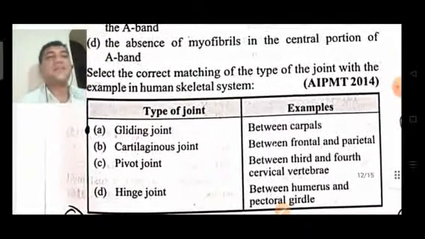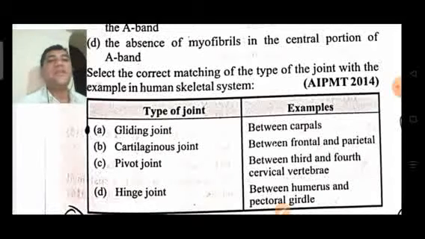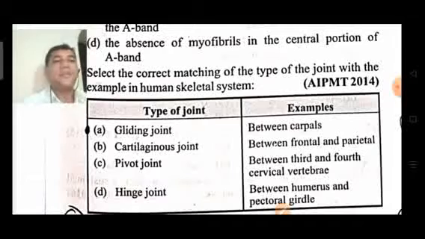Next. Select the correct statement in the human skeletal system. Gliding joint between carpals, cartilaginous joint between frontal and parietal, pivotal joint between the third and fourth cervical vertebra, hinge joint between humerus and pectoral girdle.